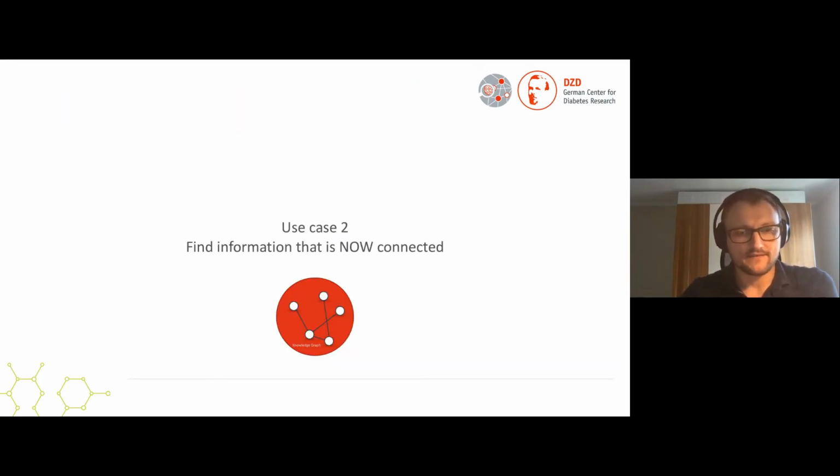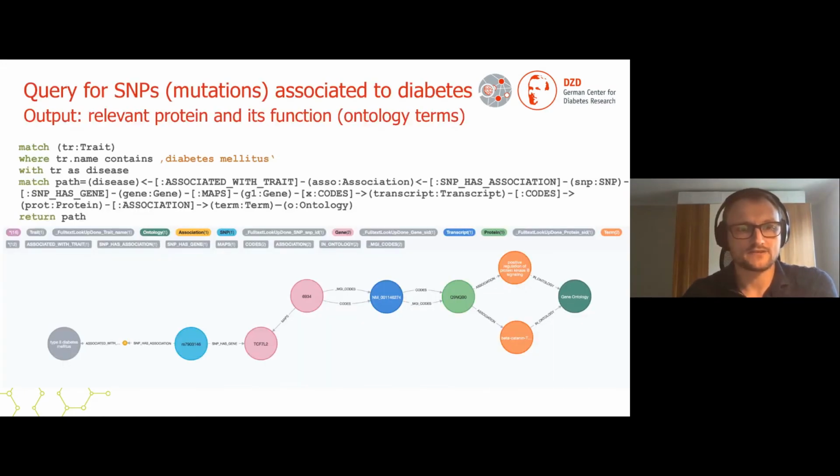Then we have the next thing. Since we include more and more data and connect these data silos, we can find information that is connected to it. Here we are querying for gene variants called SNPs, single nucleotide polymorphisms, that are associated to diabetes. And what we want to have as an output is the relevant protein with its gene function. So what we're doing is we are querying the graph for diabetes.